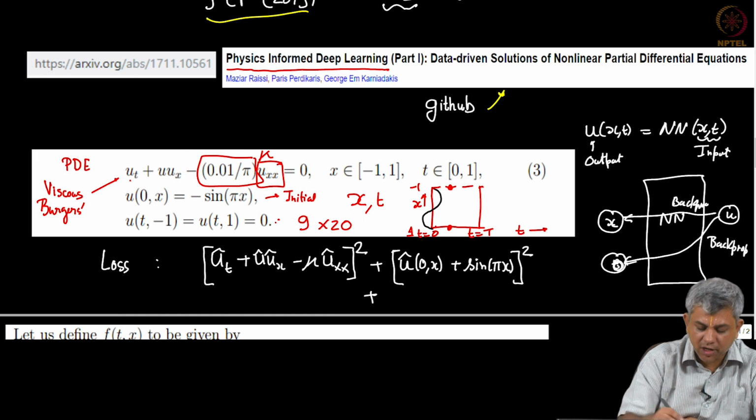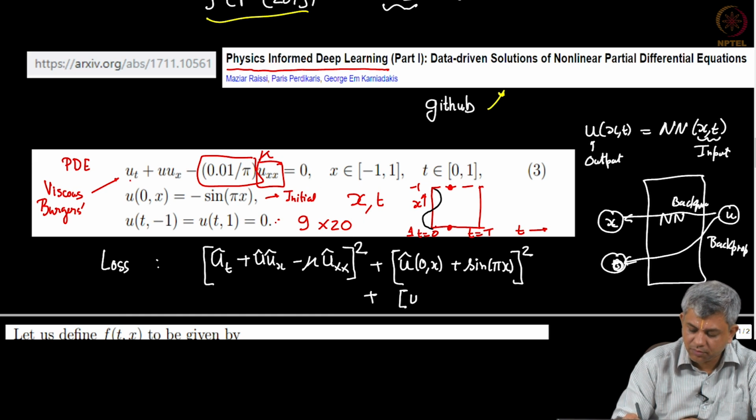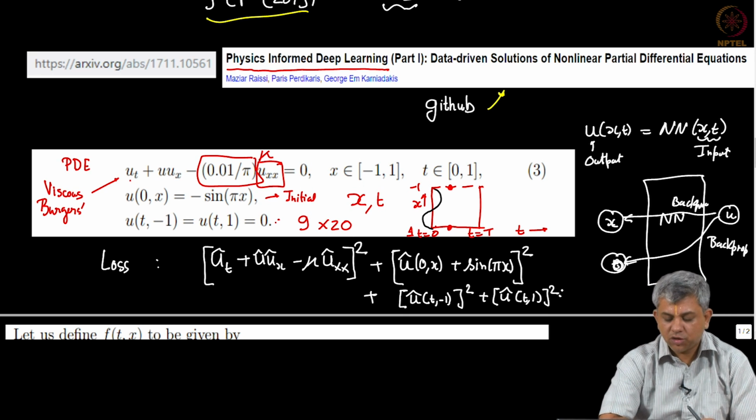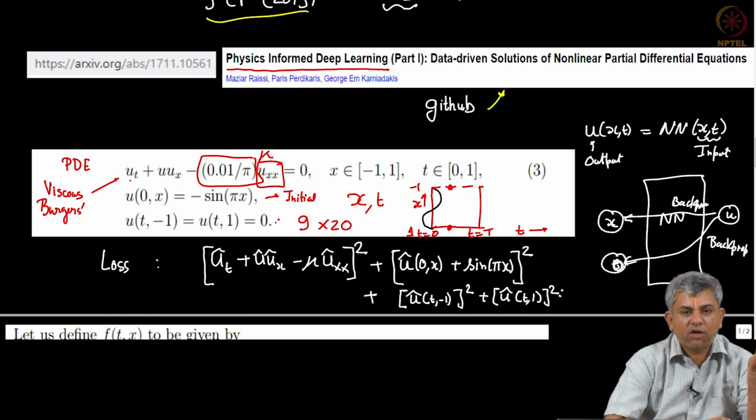Similarly, I have one more condition here, u at x minus 1 should be 0, u at x 1 should also be 0. Okay. So, all these added together will give me my loss function.